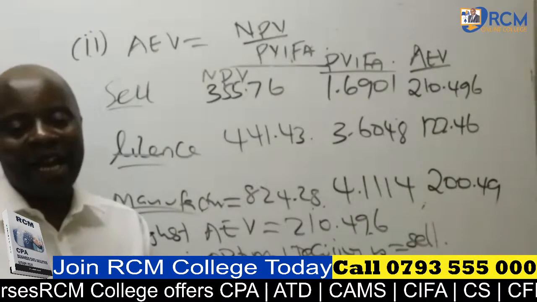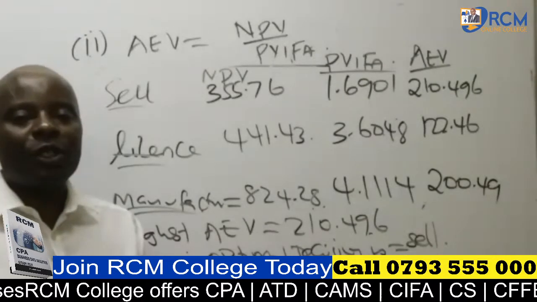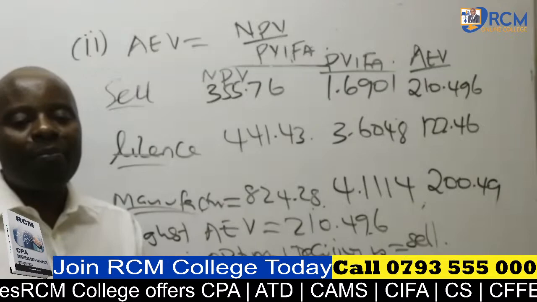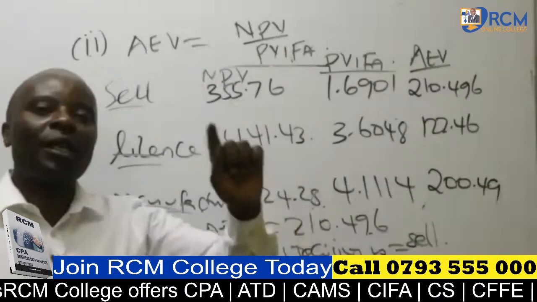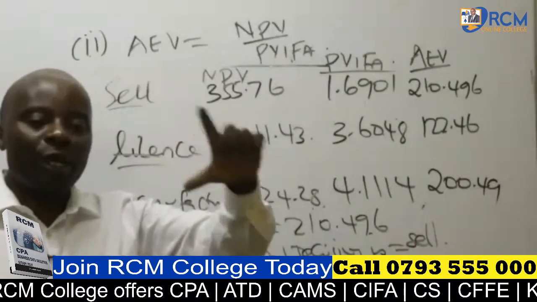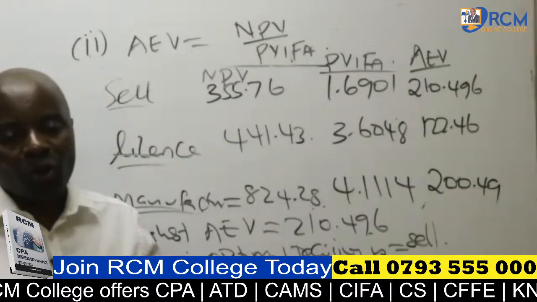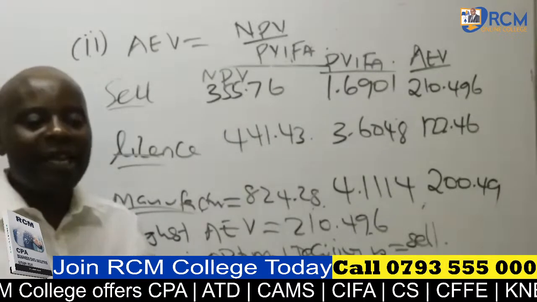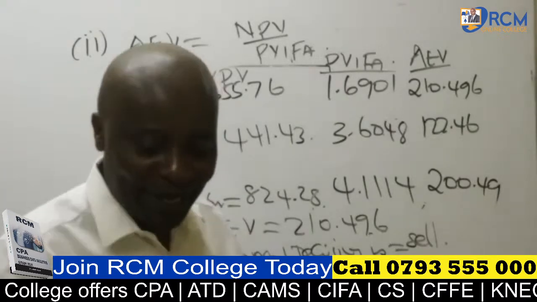Because the two methods are conflicting, the final decision will be made based on AEV, because basically AEV standardizes the net present value to give us what we call standard durations, standard what year. So AEV is superior.